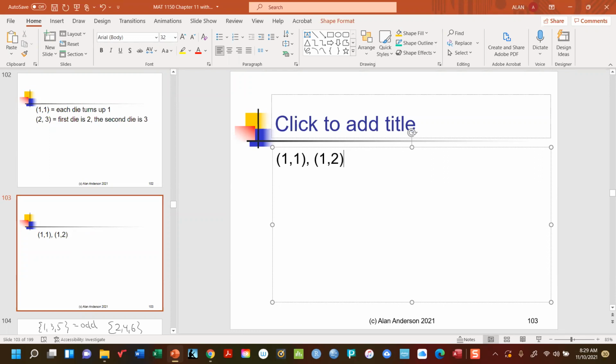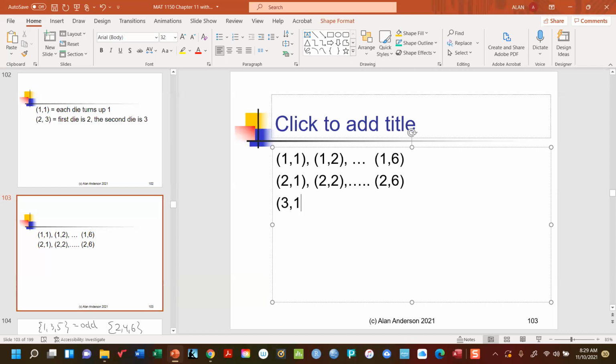We don't need to write in every single one of them. 1, 6, so the first die could be 1, the second die could be 1, 2, 3, 4, 5, or 6. And you could have 2, 1, 2, all the way up to 2, 6. And this would go on for all of the numbers from 1 to 6.